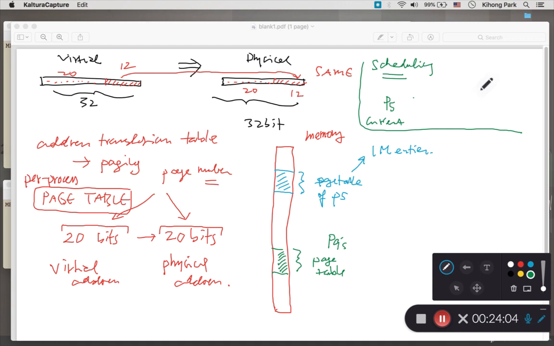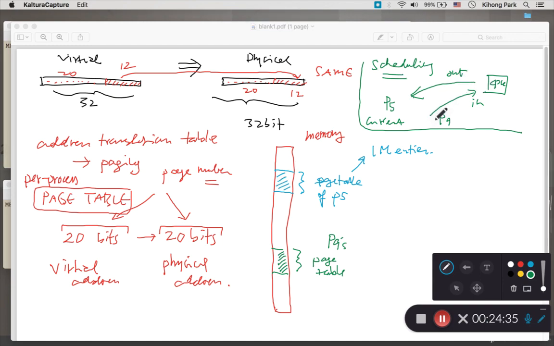Here's our CPU, and this guy is going to be context switched out, and we are going to context switch in another process, suppose P9, so that P9 becomes current. Then when the CPU here runs, it needs to be able to know where the page table of P9 is. When P5 was current, its table was located here in memory.